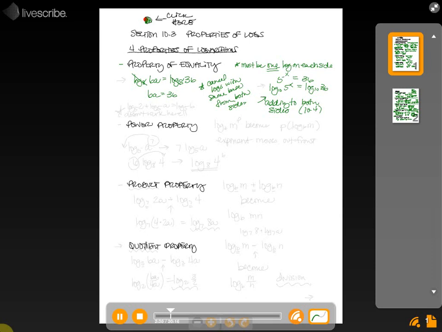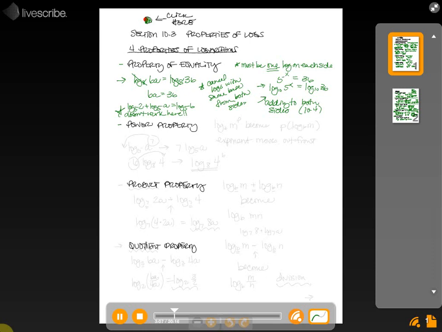So suppose you had something like log base 5 of 2 plus log base 5 of a equals log base 5 of 6. We can't cancel. It doesn't work here, and this is a common mistake because there's not one log on both sides. The left side has 2 and the right side only has 1, so we can't cancel. It only works in cases where there's one log on both sides or we're adding one log to both sides. Okay, that's the property of equality.